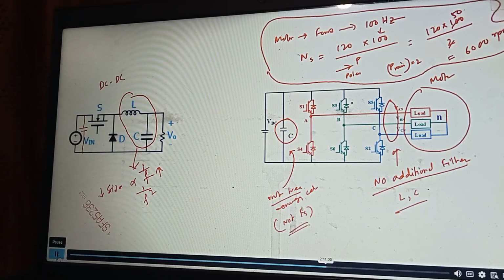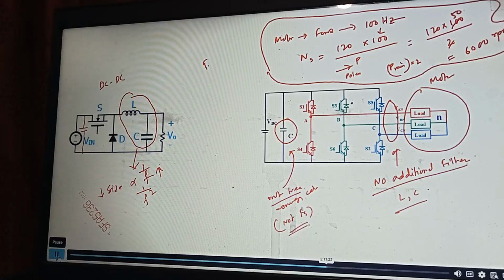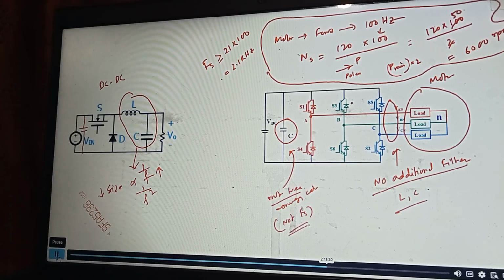So what I'm trying to say is, if you go with a regular 100 Hertz frequency for the motor, the speed of the motor effectively will be 6000 RPM. So if you go with 100 Hertz as your motor fundamental frequency, then your FS, if you can make it 21 into 100, that means 2.1 kilohertz, that is good enough.